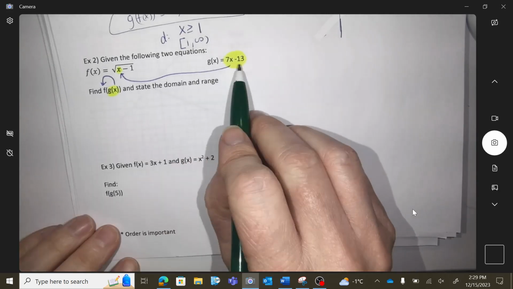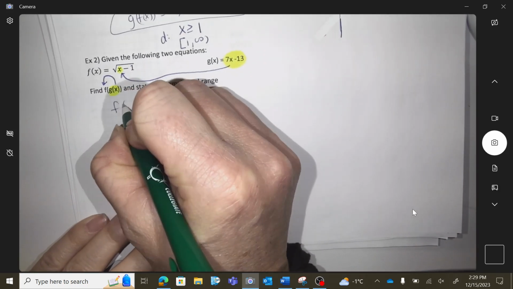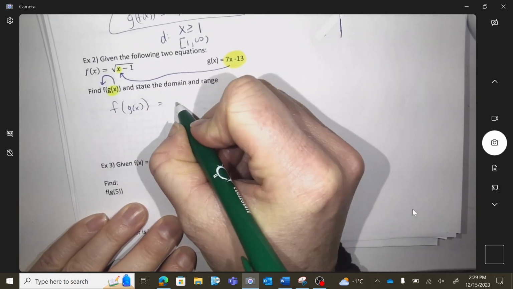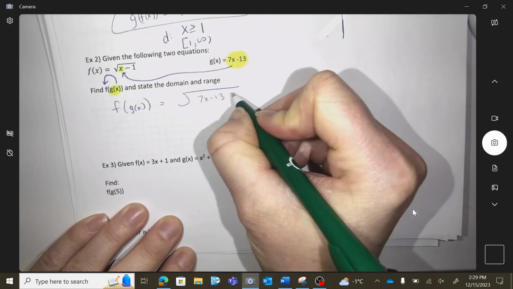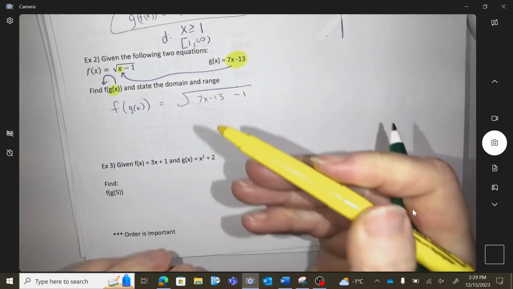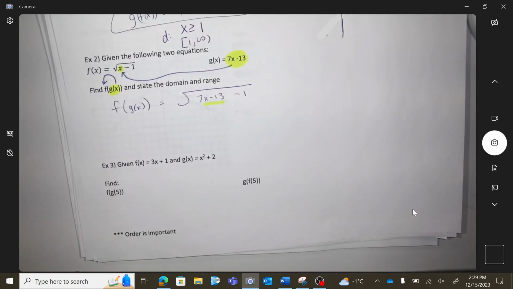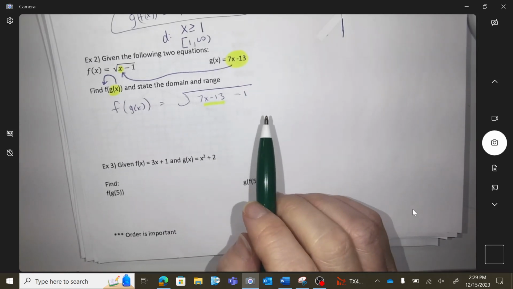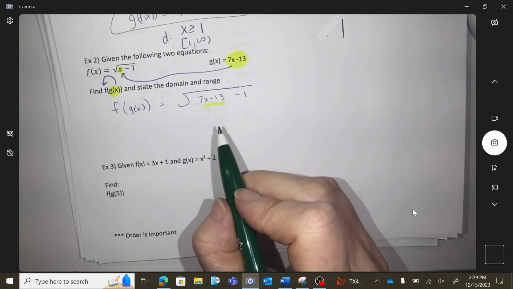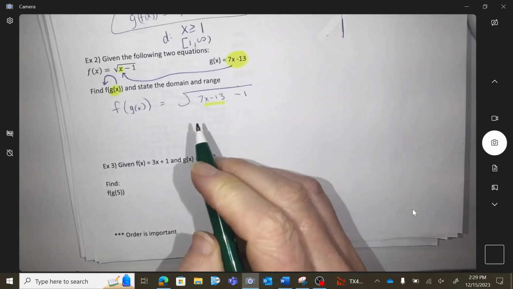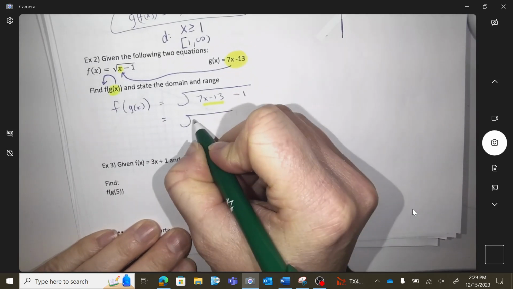Okay, so can you put this into that? Does that make sense? Do you see my input? I replaced that with that. Okay, I'm going to simplify this.